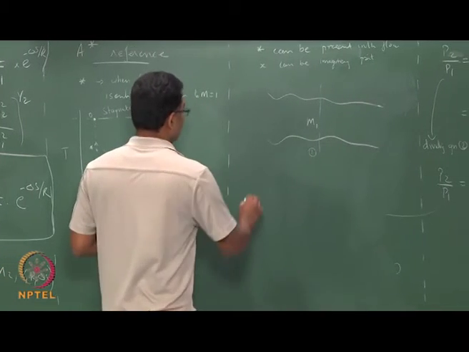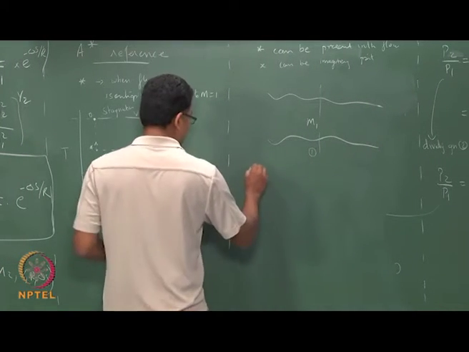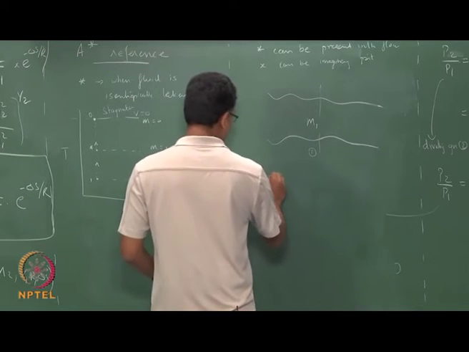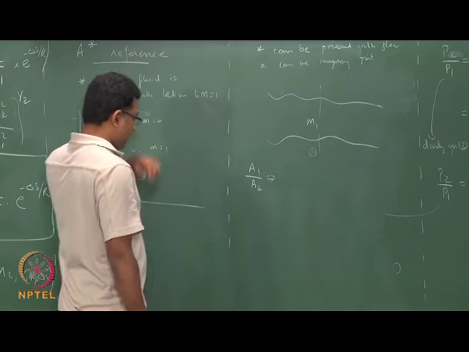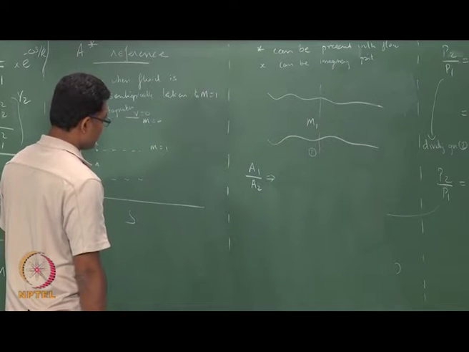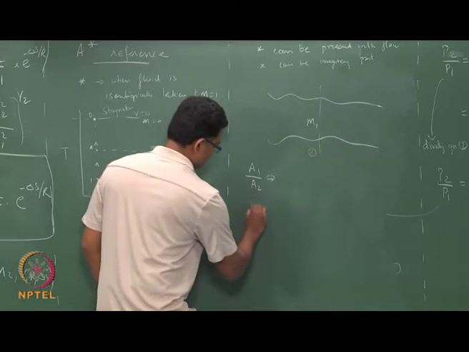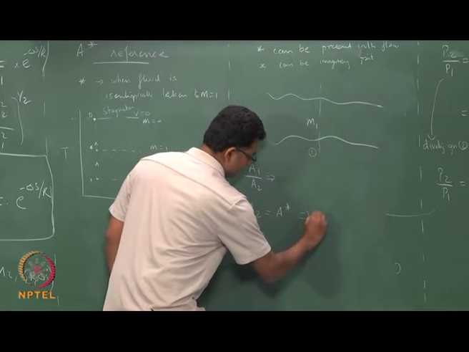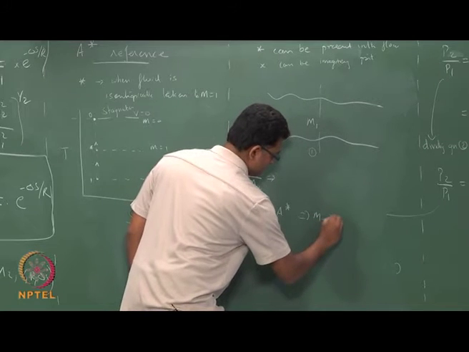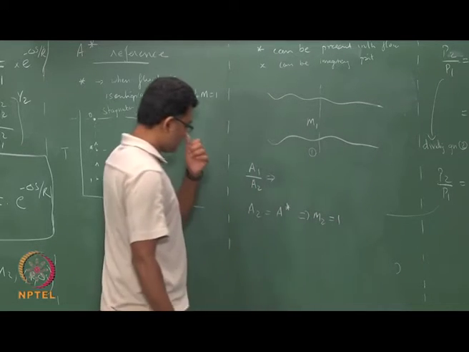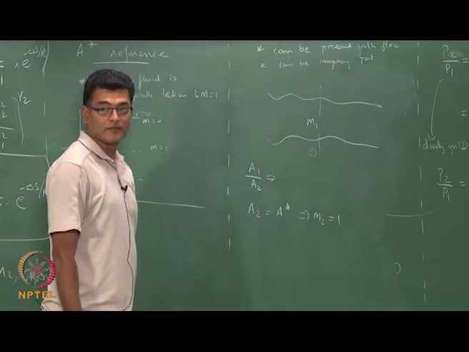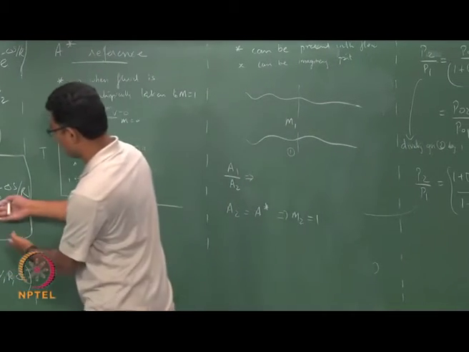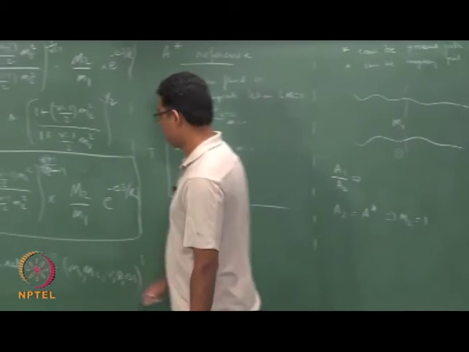So, if I write A1 by A2 as this and I take A2 as my A star, meaning my M2 is now 1, I substitute that into our relation which we already know.